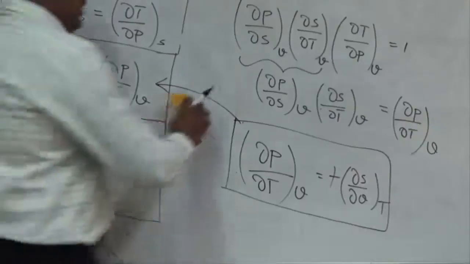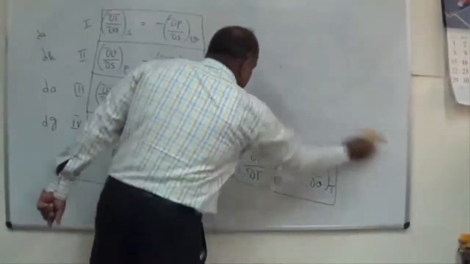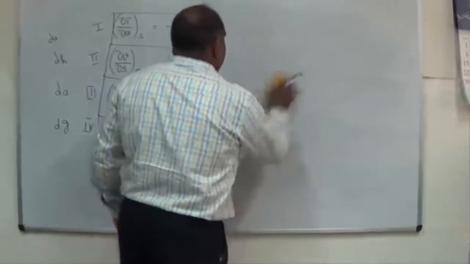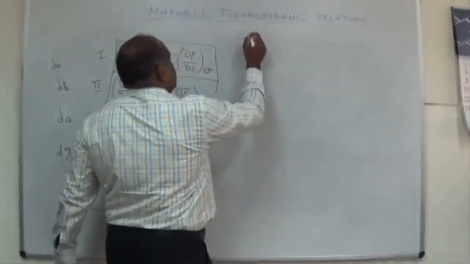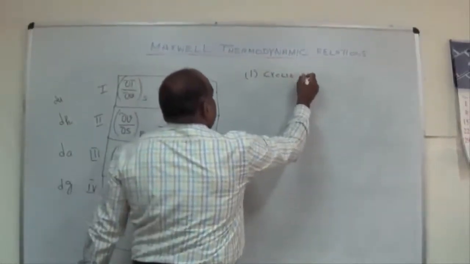Okay, so let's proceed further and we will try to complete a little faster. What are the three steps we follow? The first step is the cyclic relation.